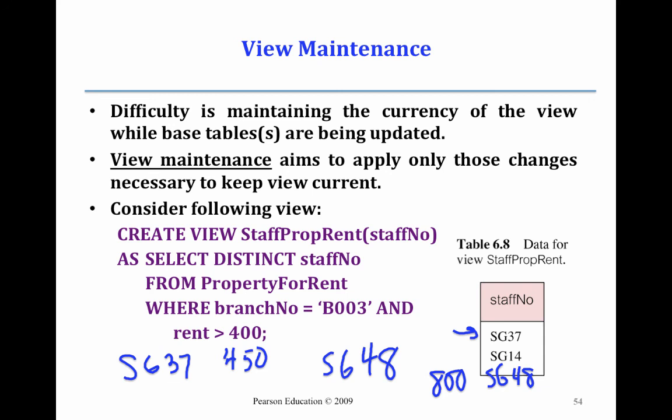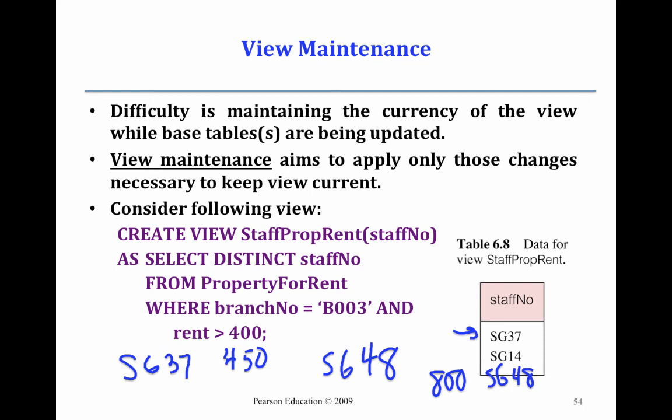Anyone else know why? Exactly. So we don't know whether SG37 is managing more than one property that's greater than 400.